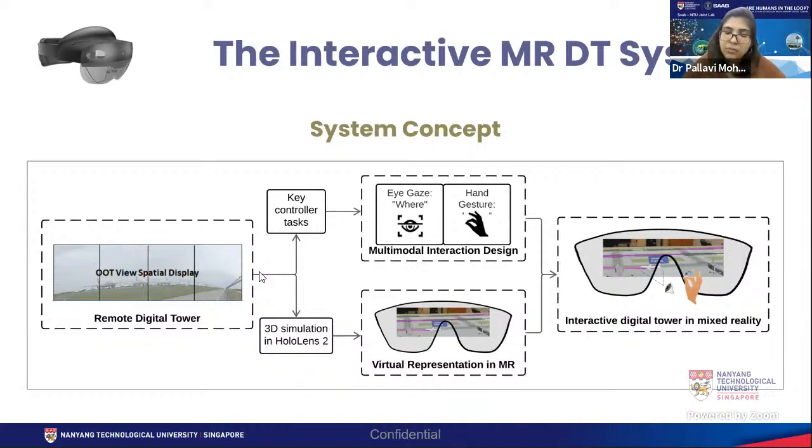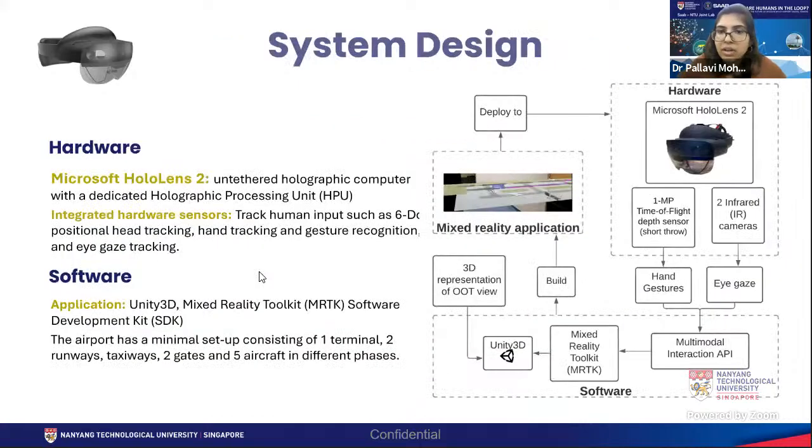Now let's look into more detail about a bit of how it's been made. Here's an overview of the design of the system. You can see on your right how the various hardware and software components are connected. For hardware, we use Microsoft HoloLens 2, which comes with many different embedded sensors that track human input. This is also probably the first mixed reality device available for industry applications today.